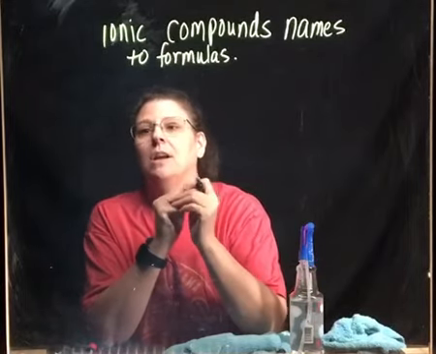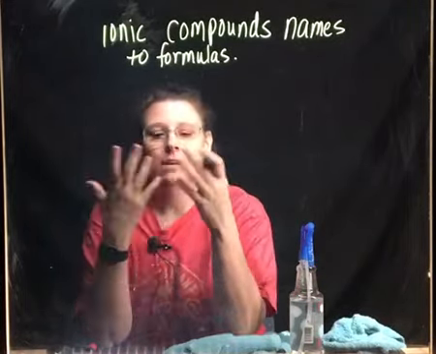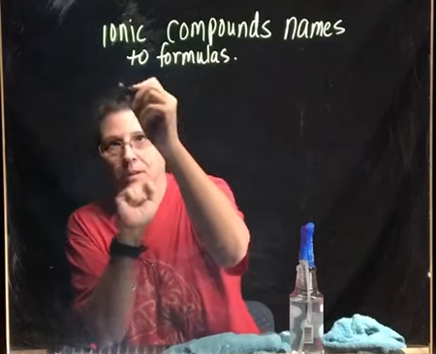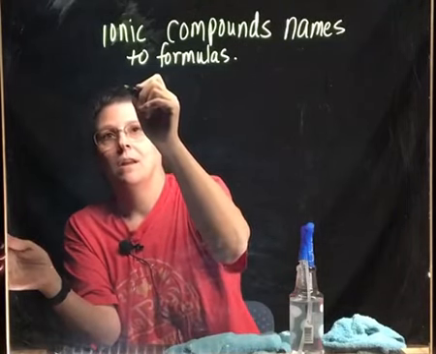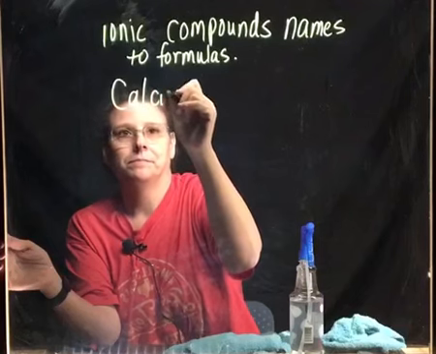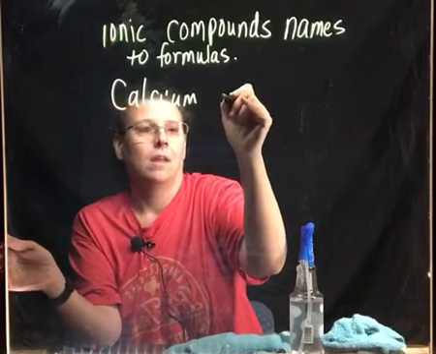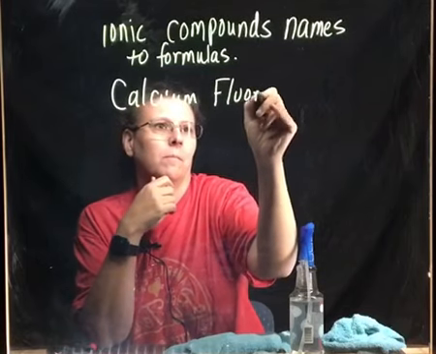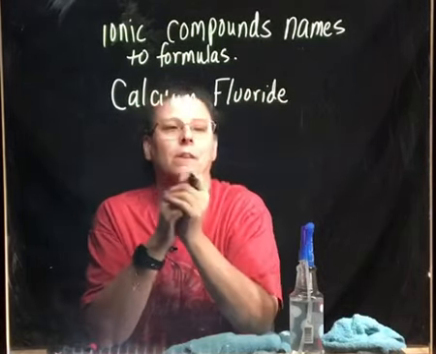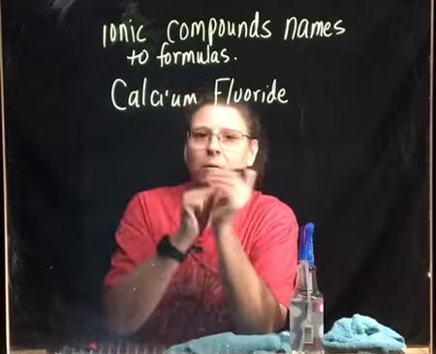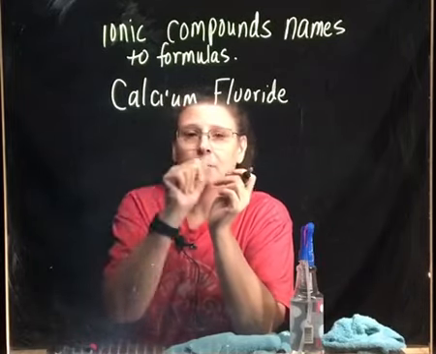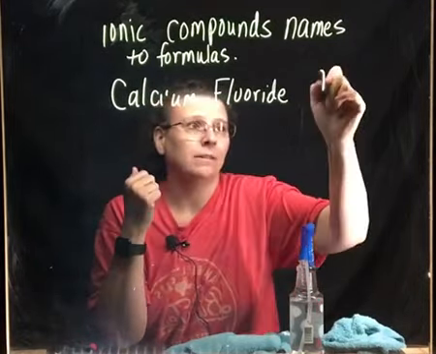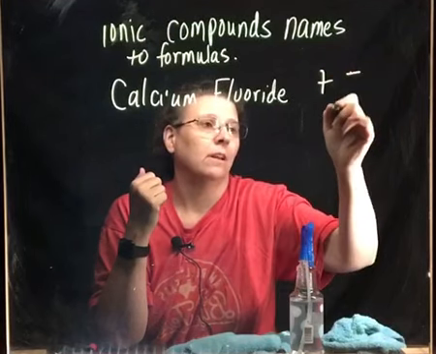First thing you want to do is, if we have a name, let's say we have calcium fluoride. Calcium fluoride. First thing we're going to do is find out what our cation is. Remember, it goes positive, then negatives.